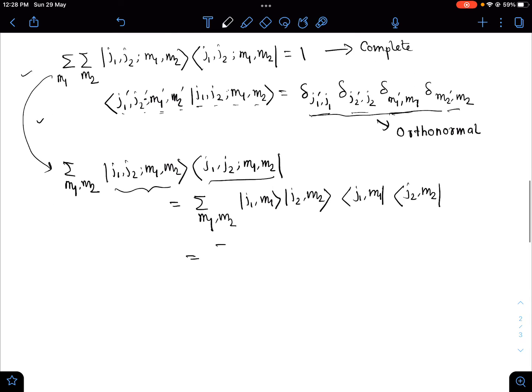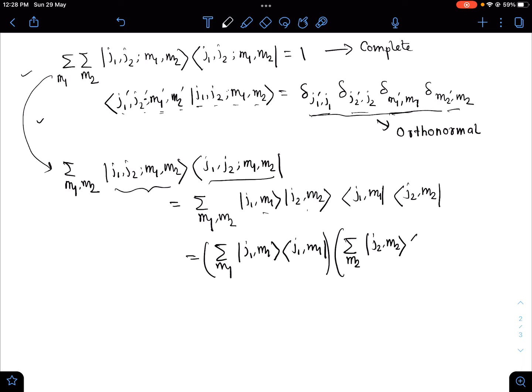Since these are independent, we can write this as the sum over M1 of |J1, M1> <J1, M1|, and this term |J2, M2> multiplied with <J2, M2|.